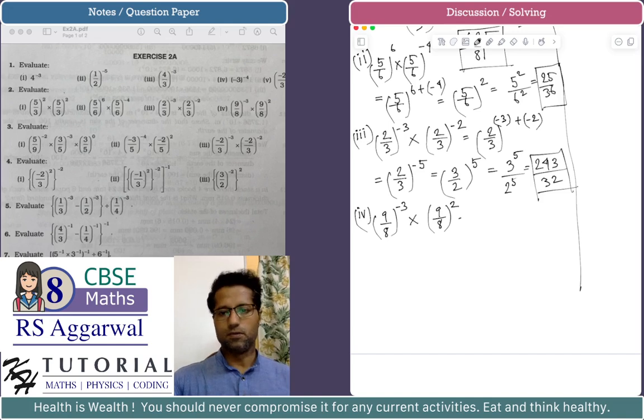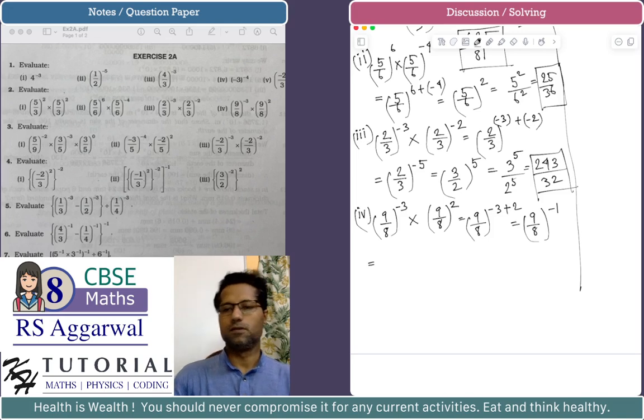So this is equal to (9/8) to the power minus 3 plus 2. This is equal to (9/8) to the power minus 1. Now (9/8) to the power minus 1 is nothing but the reciprocal of 9/8, which is 8/9. Okay, so we completed problem number 2.